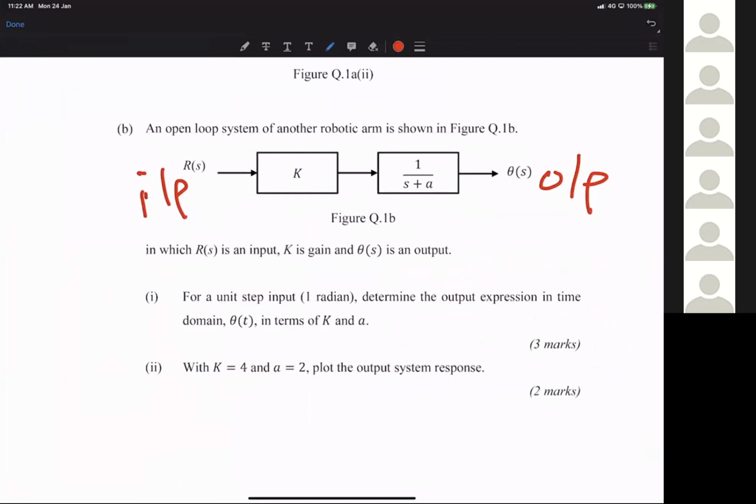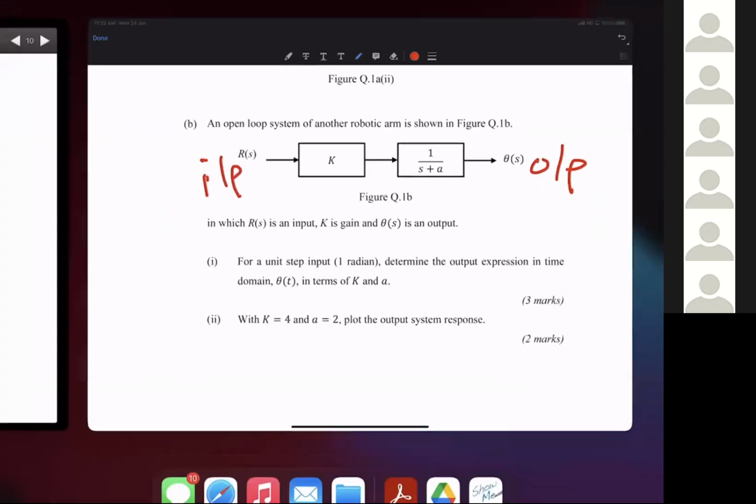Cascaded, multiply. R is input, K is gain, theta is the output. For a unit step input of 1 radian, determine the output expression in time domain theta(t) in terms of K and A.